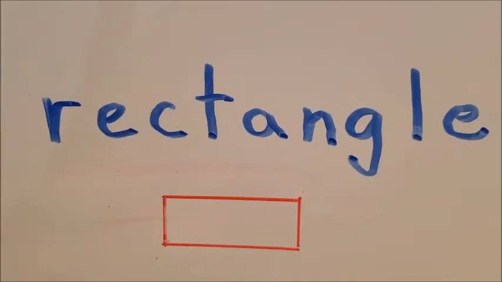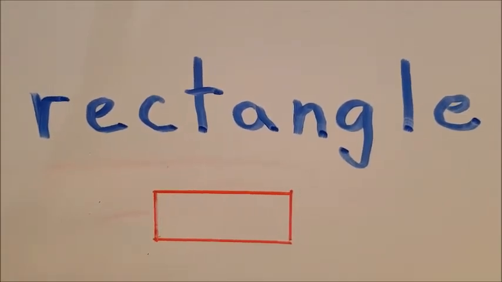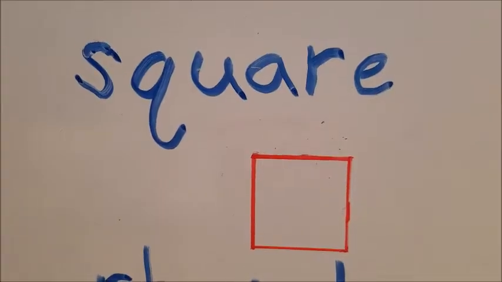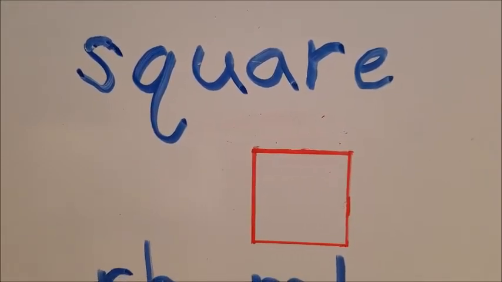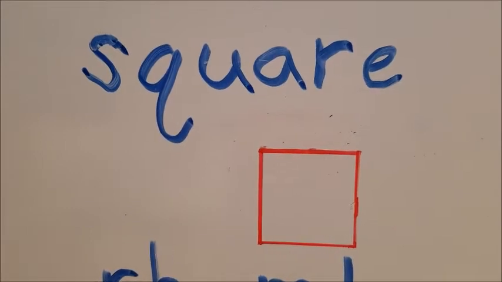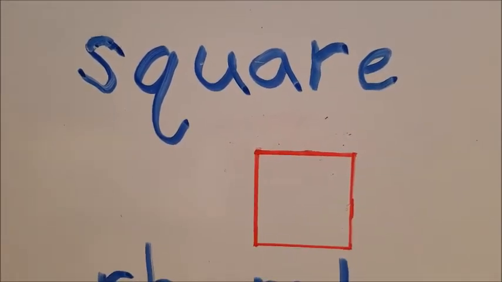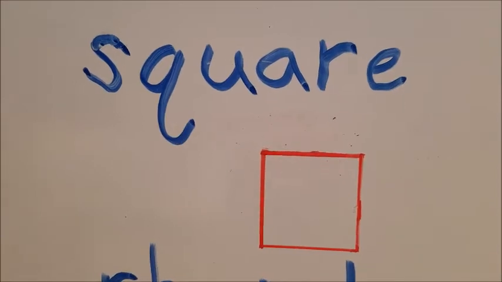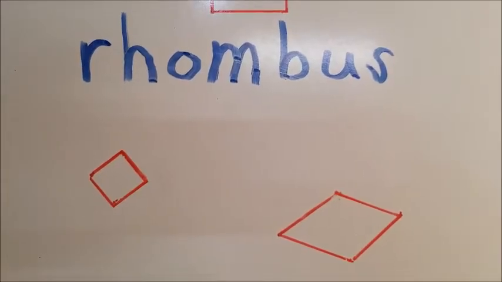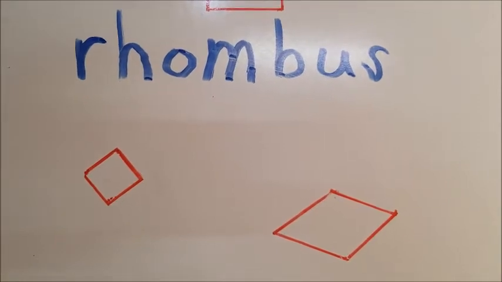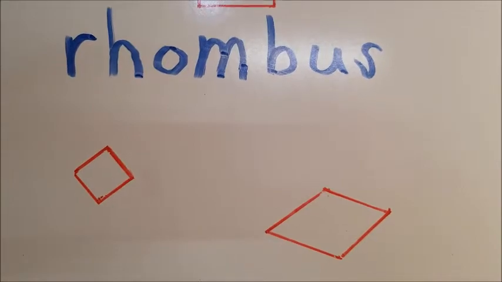A rectangle is a parallelogram with 4 right angles. A square is a type of rectangle that has 4 right angles and each side is of the same length. A rhombus is a parallelogram with congruent sides.